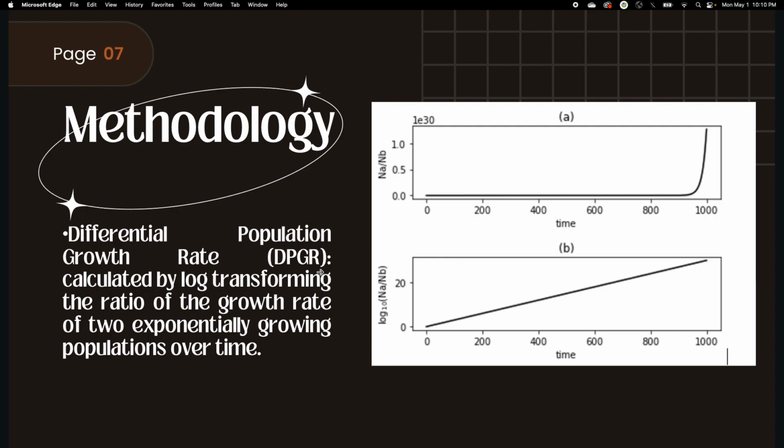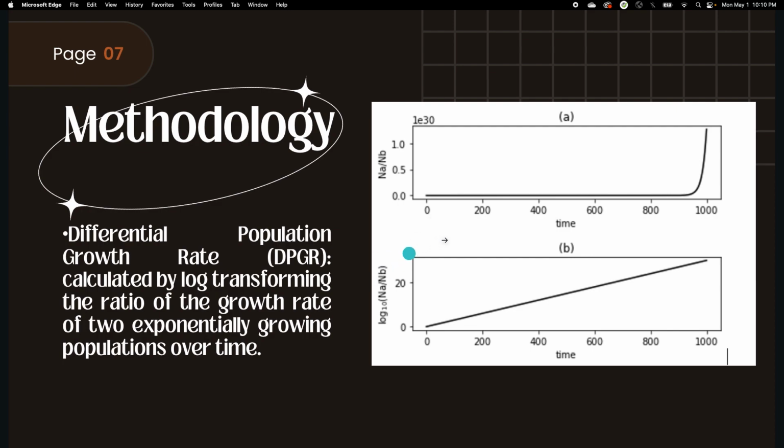So to understand it, we can refer to a picture. Let us consider A is variant A, and B is variant B, and NA by NB is basically the population ratio, the rate of change of population, and we plotted it over time to understand how their growth is, and we can clearly visualize that their growth rate is exponential.